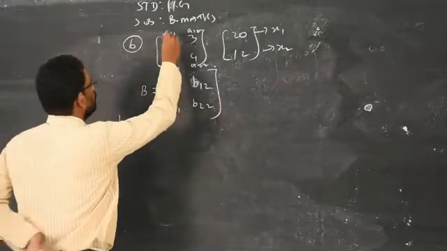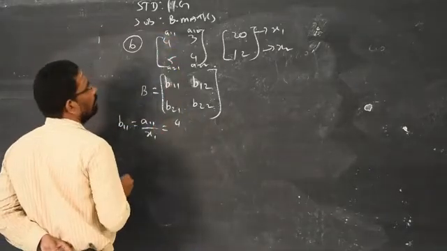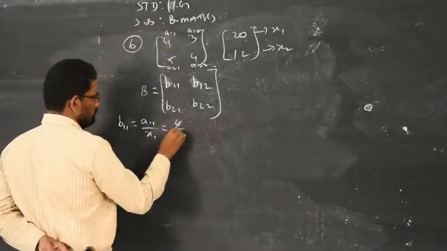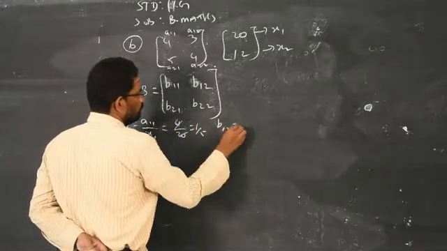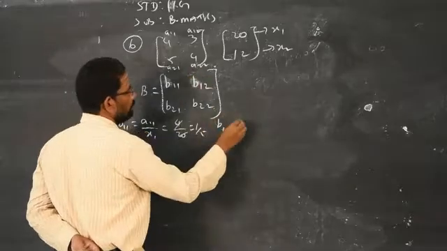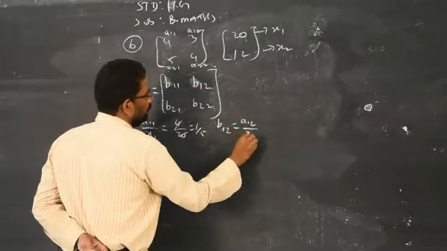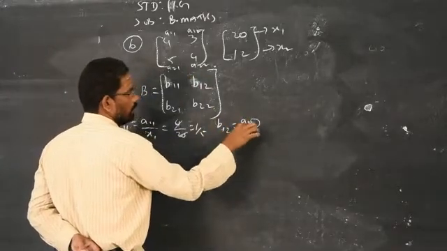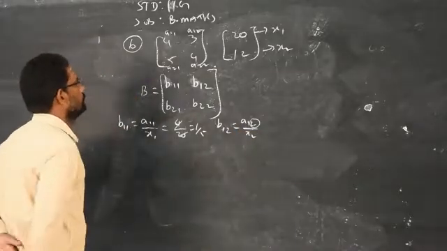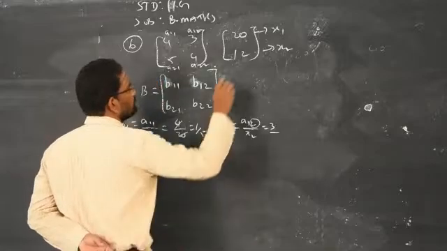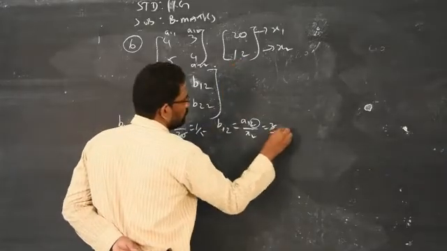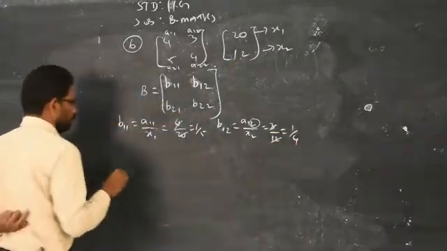So now A11 is 4 by X1, 20. Simplify if it is possible. Then B12. What is the B12 formula? A12 by X2. This column should be in the denominator. So 3 by X2 is how much? 12. Simplify, you will get 1 by 4.